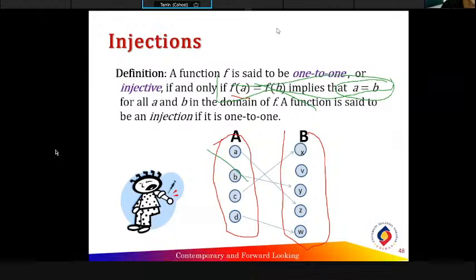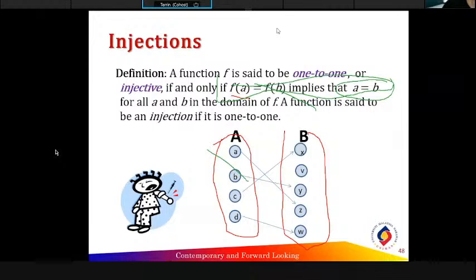It means that they are the same element or the same value, and it implies that there is only a one-to-one kind of relationship. It represents a unique value.